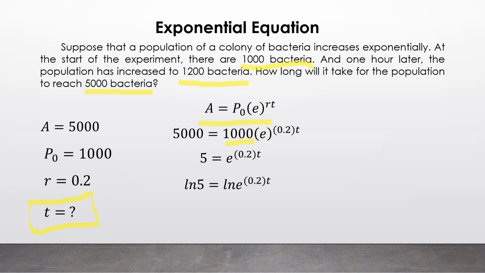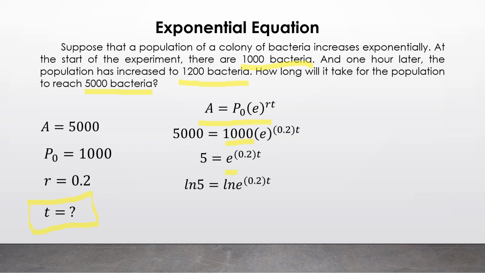And since we are dealing with the Euler's number, nasa exponential tayo, we can get the natural logarithm of both sides of the equation. Ln stands for natural logarithm.